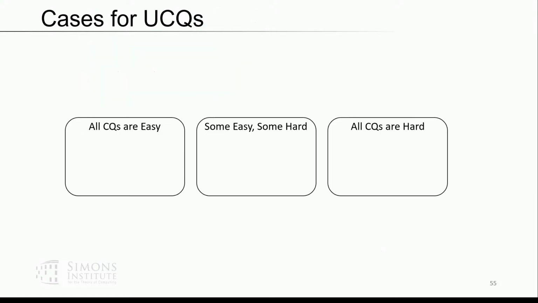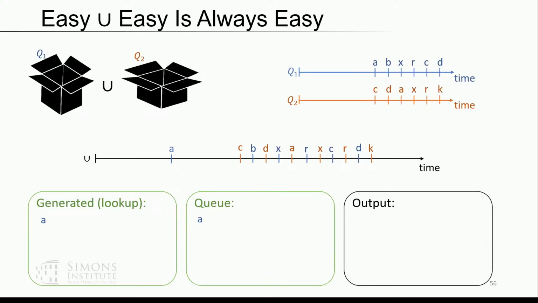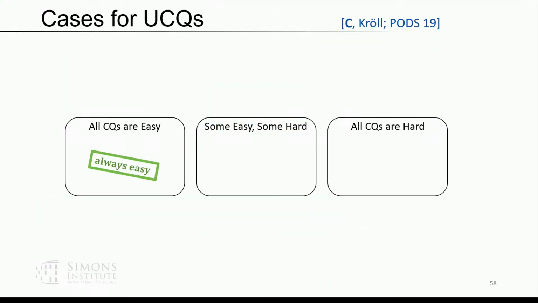What can happen in terms of the complexity? So the first case is that all queries in the union are easy. In this case, it's not very complicated to show that the union itself will always also be easy. Let's skip the details and talk about the more interesting parts. The second case is that some queries in the union are easy and some queries in the union are hard.